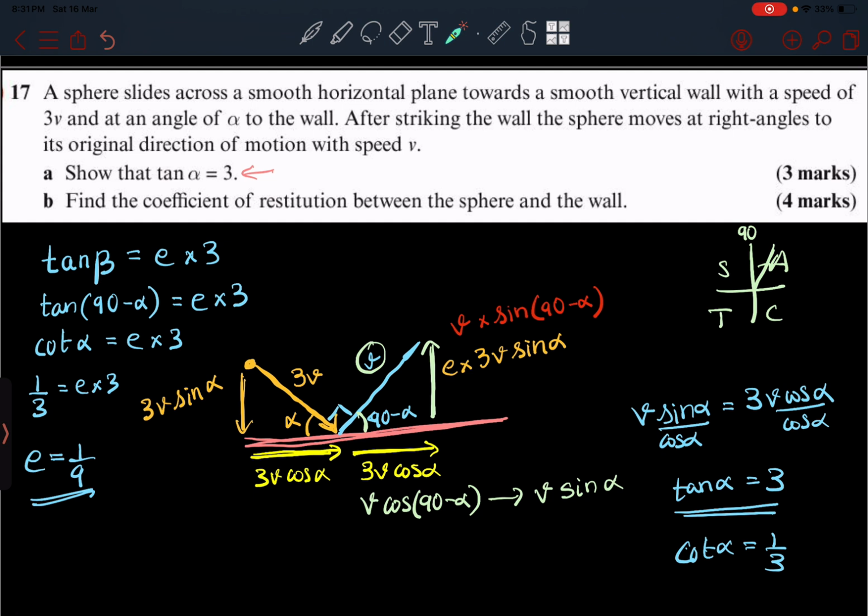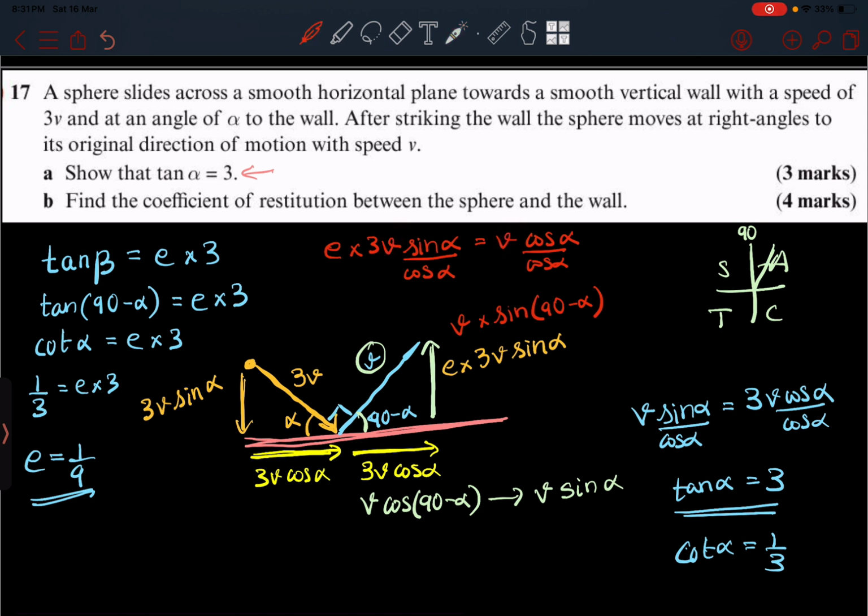So E times 3v sine alpha is equal to v times sine of 90 minus alpha, which becomes cosine alpha. If I divide by cosine alpha, I can cancel off the v's.